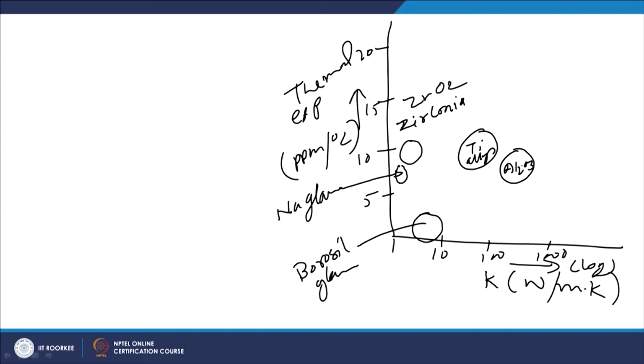Thereafter we have the nickel based systems, with somewhat higher thermal conductivity as well as higher thermal expansion coefficient. Here we have the nickel alloys, and close to this the steels.